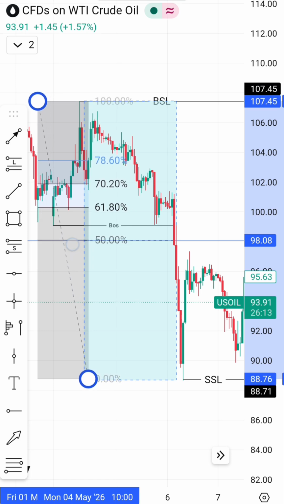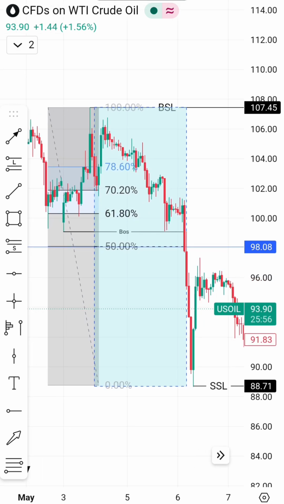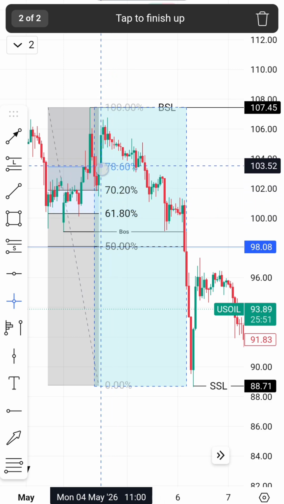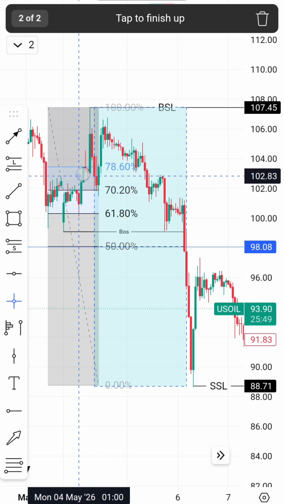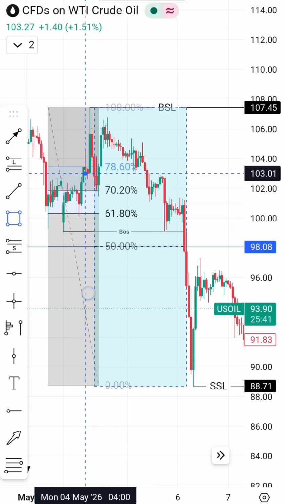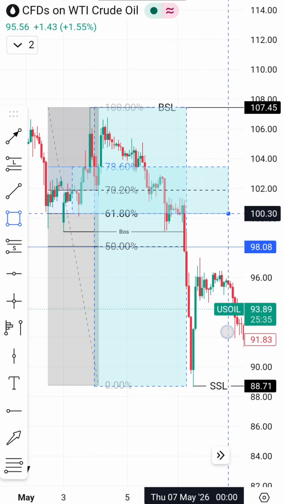Okay, now once I have put my fib, there are levels that personally I check. I will check at 61, and I'll also check at 78. You see this zone? I call it the golden zone. So I check from this to this, around that zone, what is inside there.